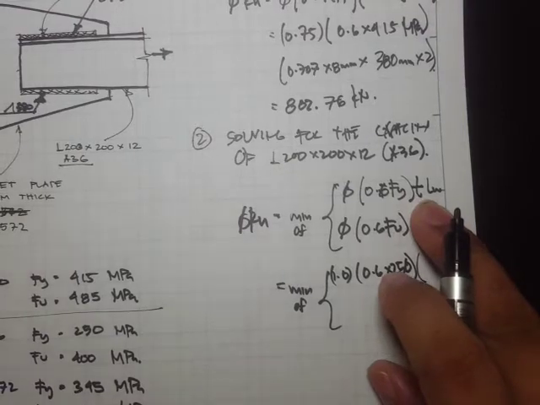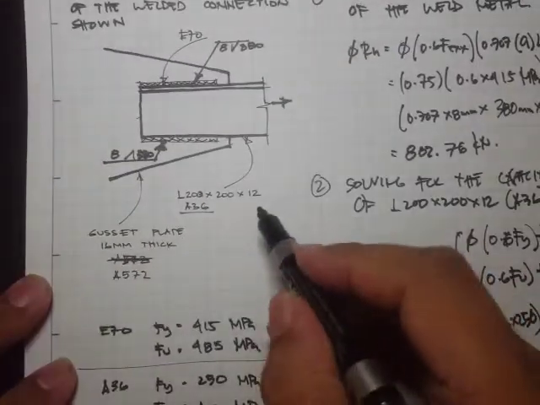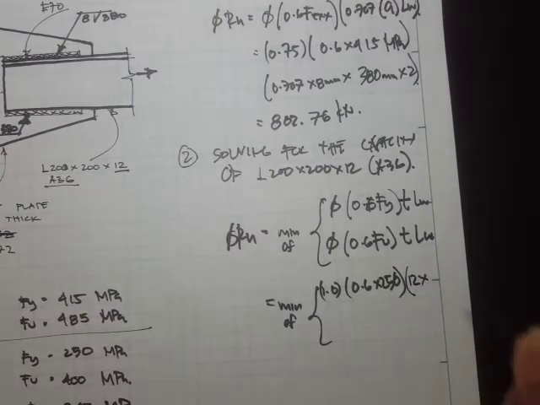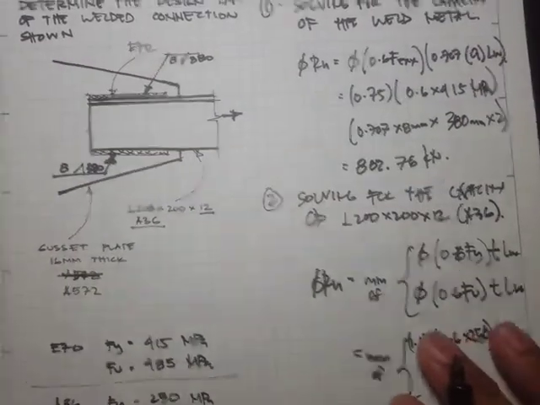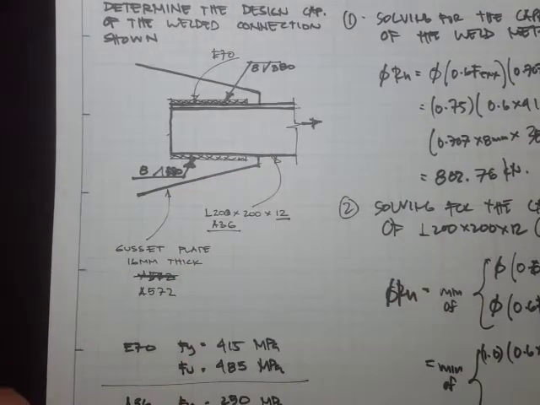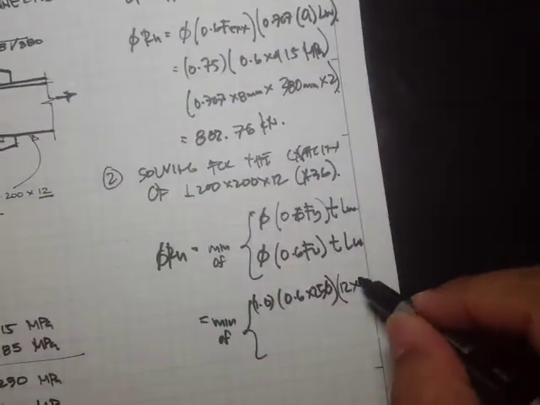For the thickness, we have 12, so let's write 12 times the weld length. The weld length is 380 times 2, so we have 760.